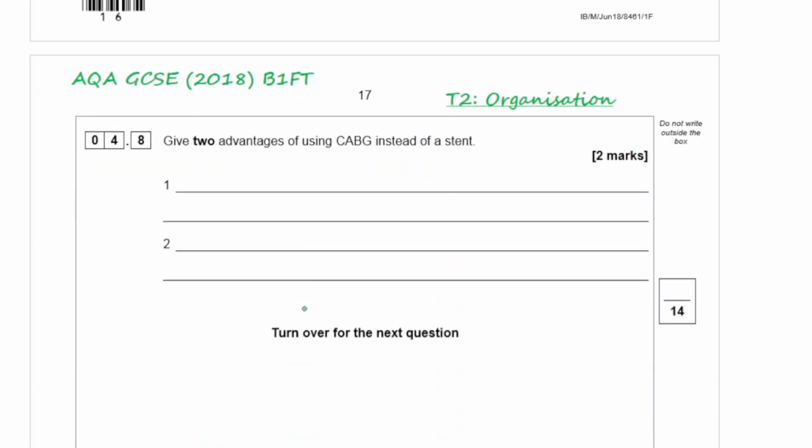Give 2 advantages of using CABG. Now, CABG or open heart surgery has a lower chance of failure.